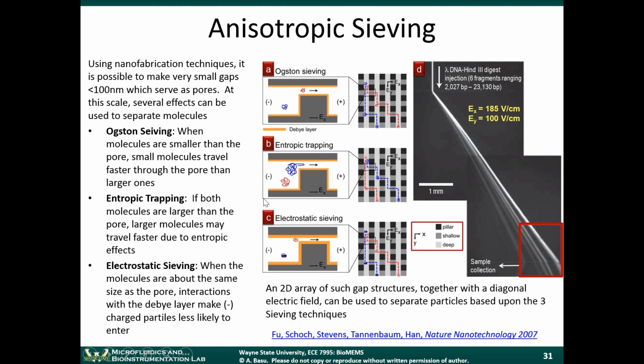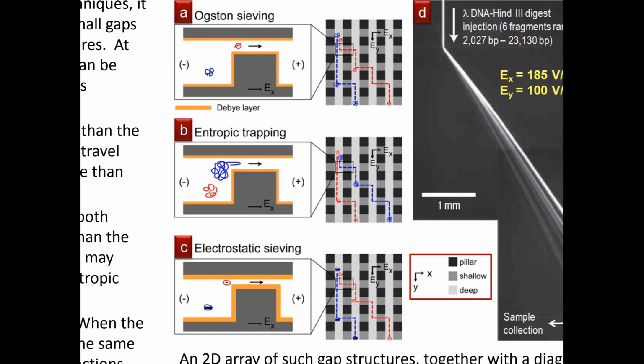In this diagram here, the light regions are deep channels, the dark ones are the pillars, and the gray regions are the nanoscale structures.